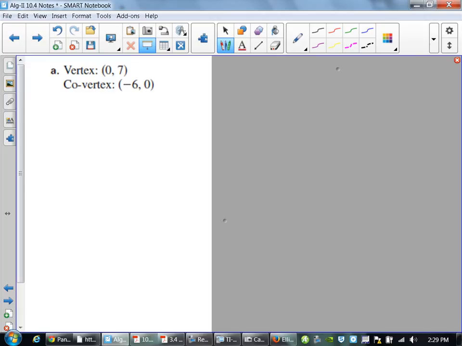In this case here, I have a vertex at 0, 7. Right away, if my vertex is at 0, 7, is it vertical or horizontal? It has to be vertical, because that's why the vertex went up.